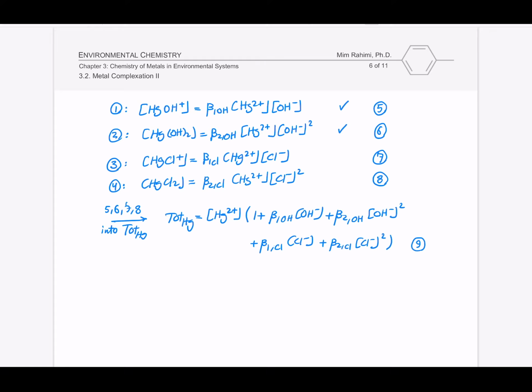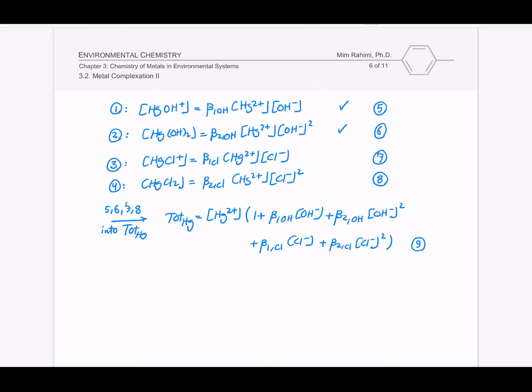But now we have also this term. Specifically, we have the Cl minus term. So we need a separate calculation at each pH to first figure out what is the Cl minus concentration, then putting into this expression to get Hg2 plus. Once we get Hg2 plus, then we put it into this 4 to get all of this species, right?